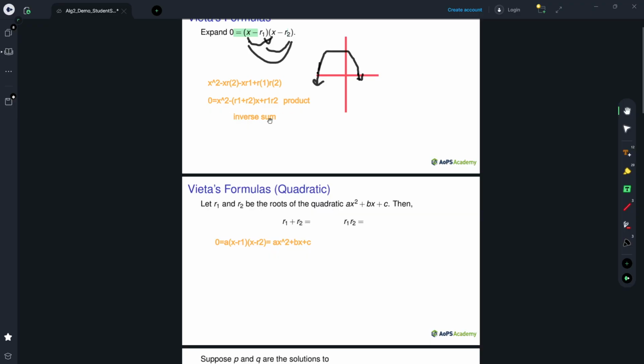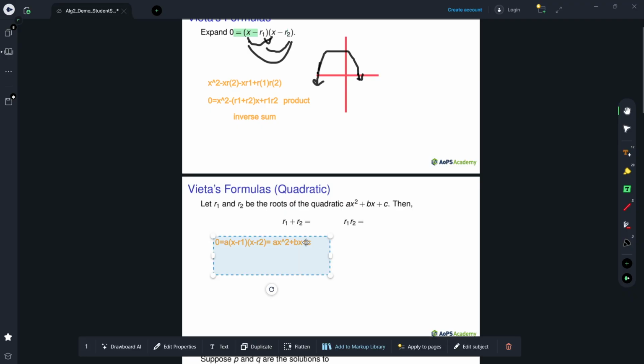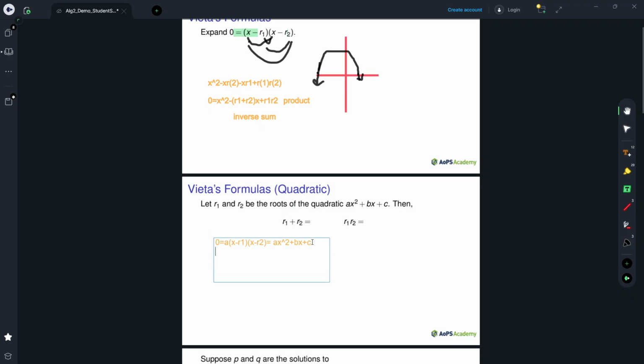So this is the inverse sum and this is the product. But notice that there is no a value here. So what do we need to do on this equation? How do we get rid of this a? All right, we need to divide it all by a.